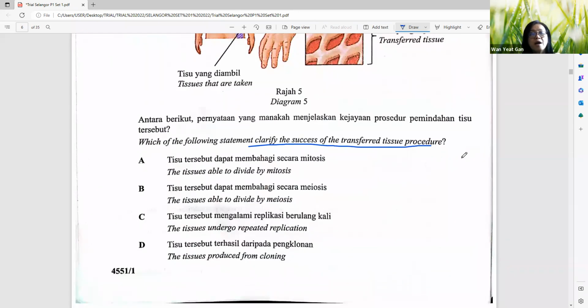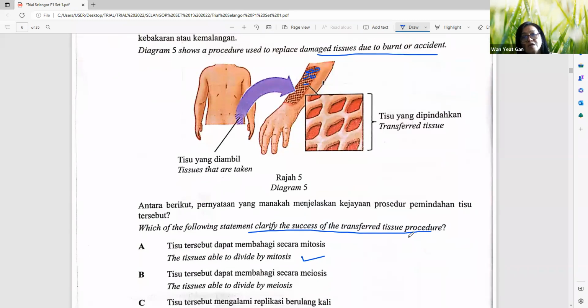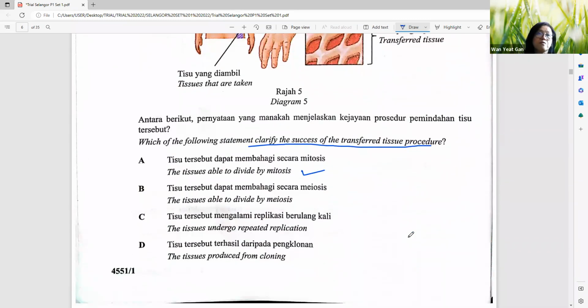The tissue is able to divide by mitosis. This is very important in order for the tissue to quickly increase in number to cover the wound, right? That will ensure that the procedure is successful.